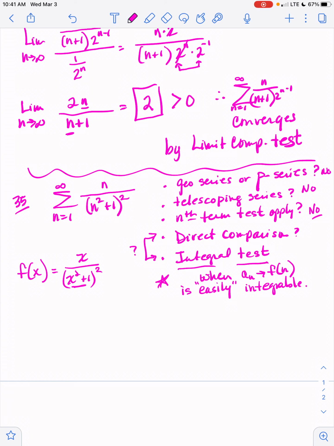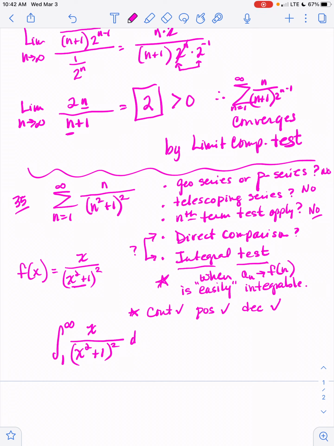So I want to check, if I'm going to use the integral test, is this continuous? Yes. Is it positive terms? Yes. Is it decreasing? Yes. So I'm going to do the integral test. And that means what? I'm going from 1 to infinity of x over x squared plus 1 squared dx.